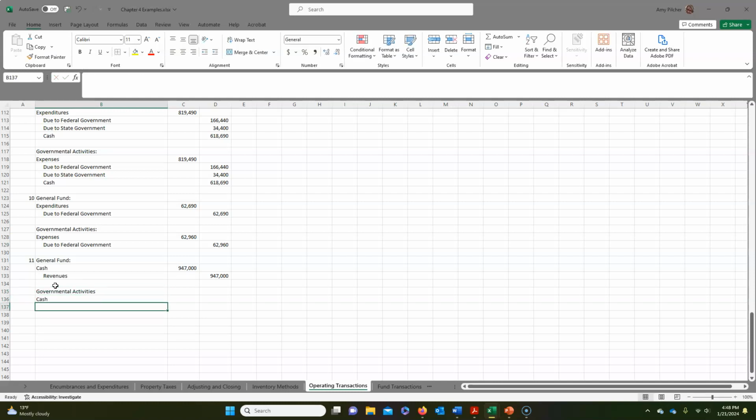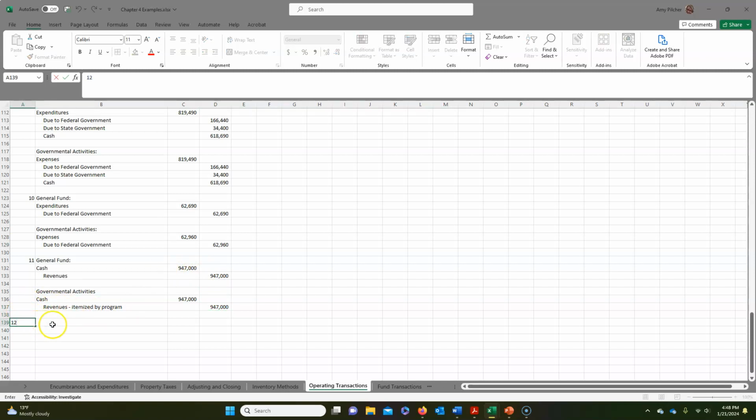We have cash, and then our revenues would be itemized by program, if we were doing that detail, which just for the case of this, we are not. We'll look at those in further detail in future chapters.